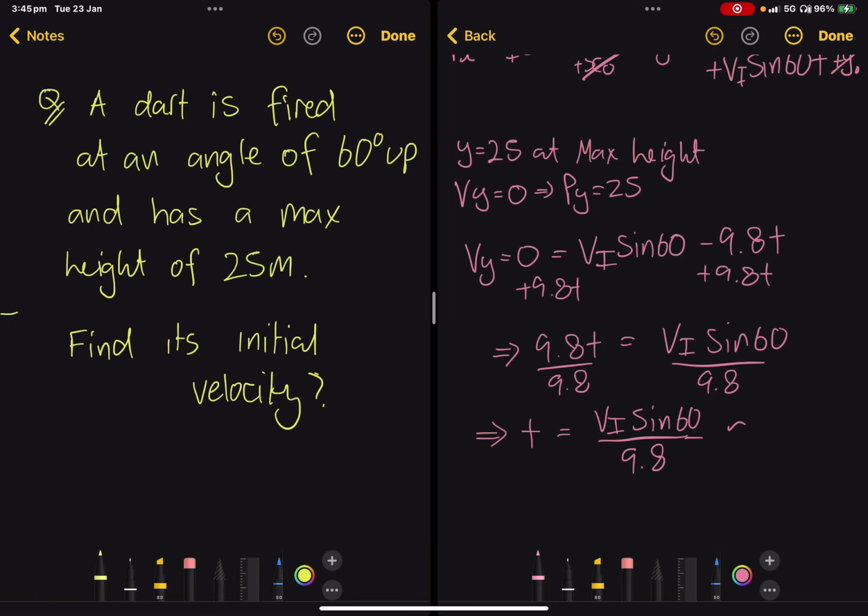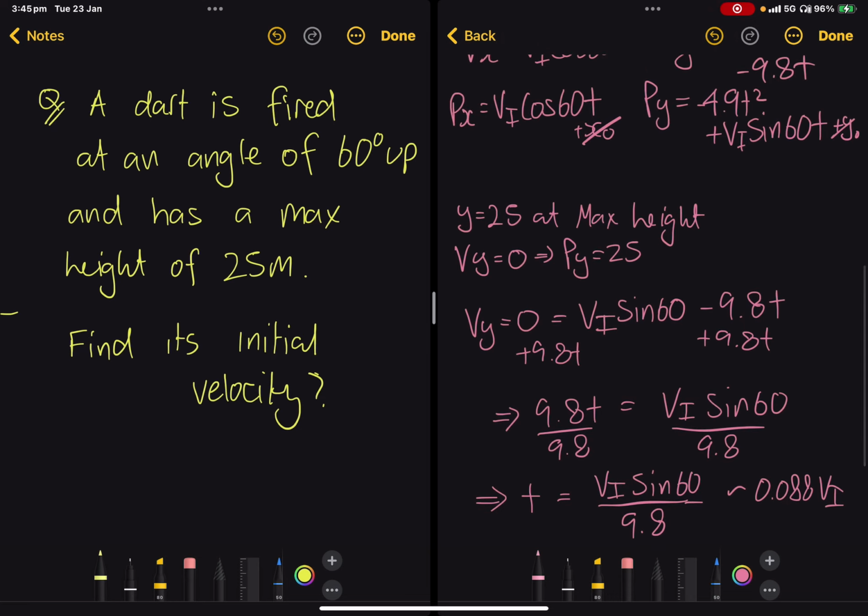Now we can decimal approximate sine 60 on 9.8, and I'm actually going to do this at this point. It's just going to make it a little easier. Sine 60 over 9.8 gives me 0.088. So this is 0.088 times whatever the initial velocity is.